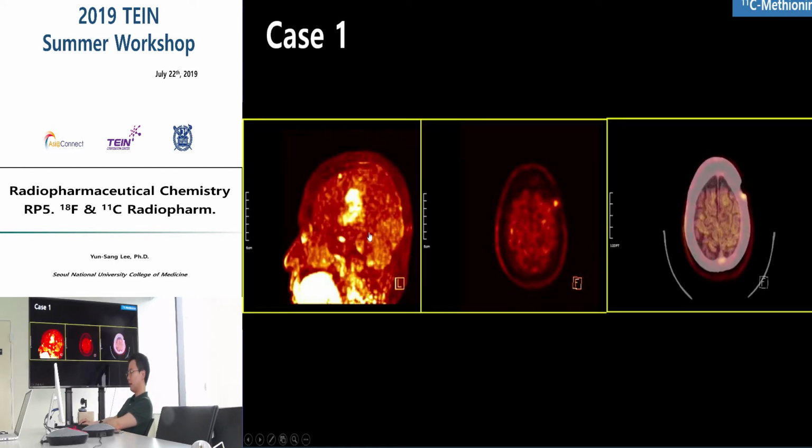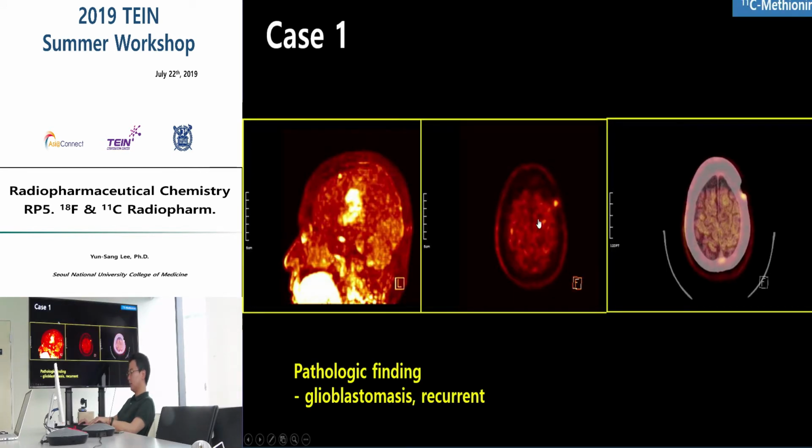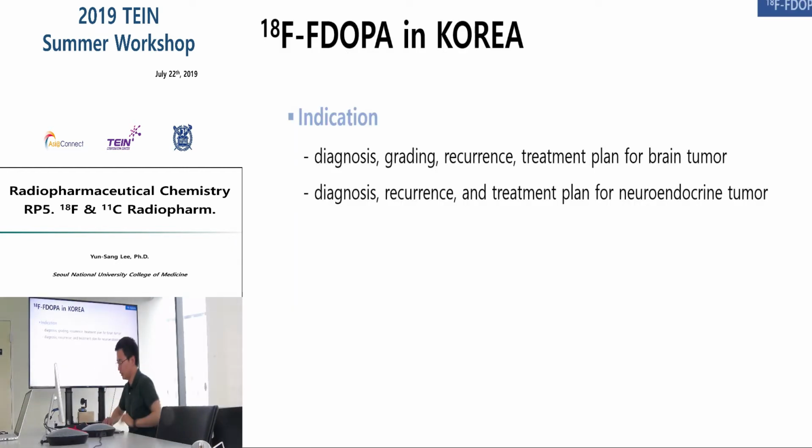So they did a methionine PET, and as you can see, there was increased uptake, and the pathology found it to be a glioblastoma recurrence. So methionine PET can be used in differential diagnosis and in the diagnosis of recurrence, and it can also differentiate whether it is a tumorous condition or not.